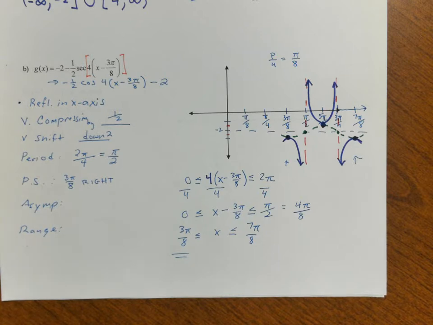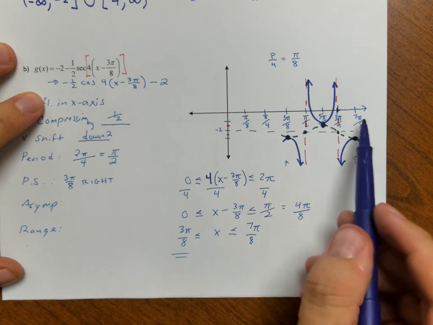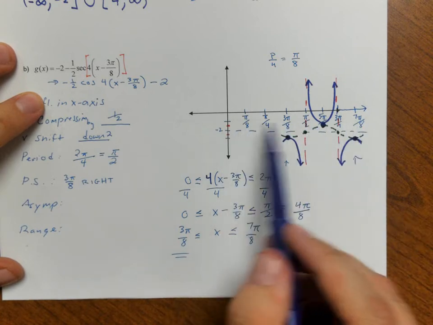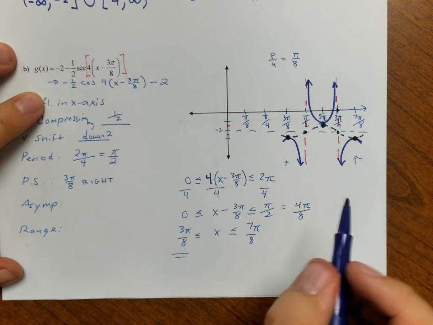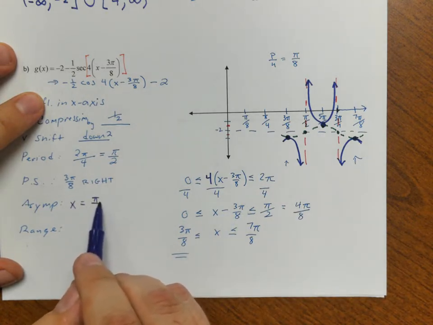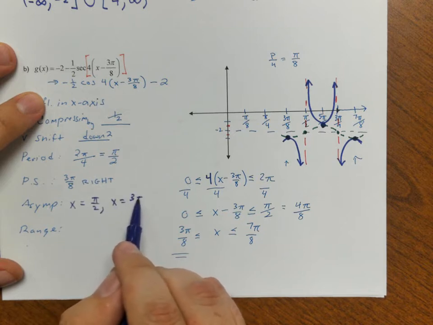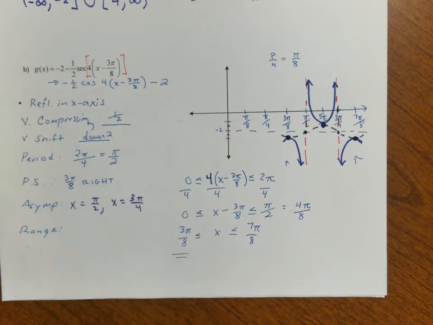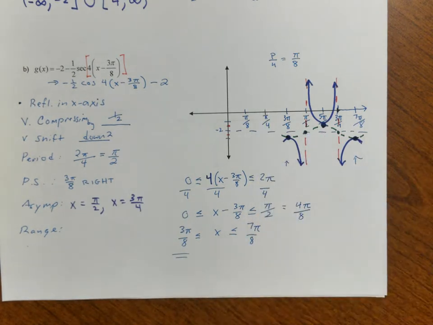Now again, as I did this, notice I established my scale on the x-axis. I counted by pi over 8, even though I didn't need to start graphing until 3 pi over 8. My asymptotes are x equals pi over 2 and x equals 3 pi over 4. And again, I would see more if I extended this. The next one, I guess, would be at x equals pi over 4.